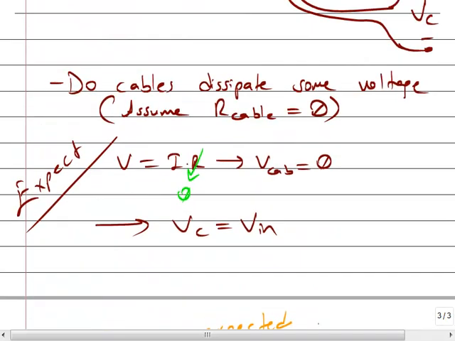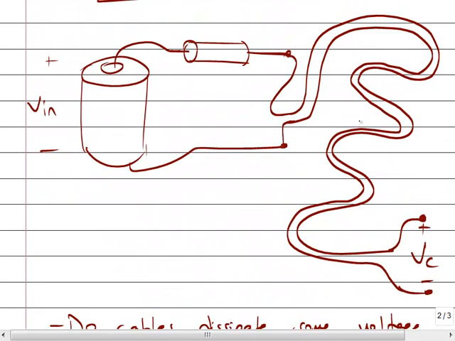If you use a long cable like that, there are lots of charges on that cable, and to create some voltage difference on that cable, you need to move some charges. And you cannot move those charges instantly, so there will be a delay at the output, at the VC voltage.